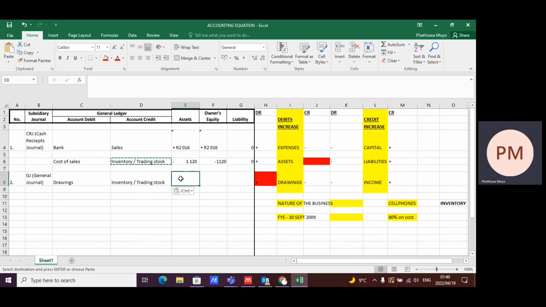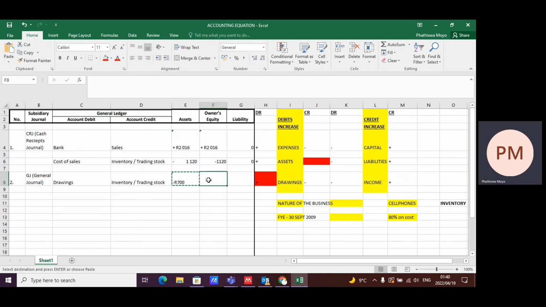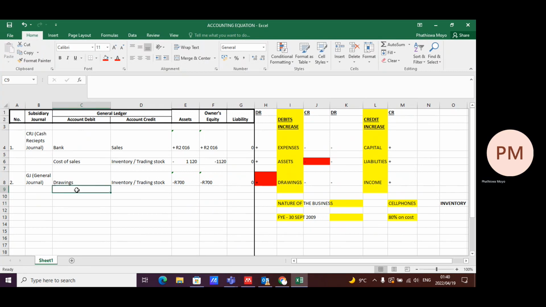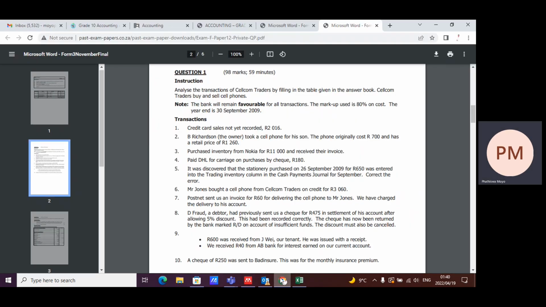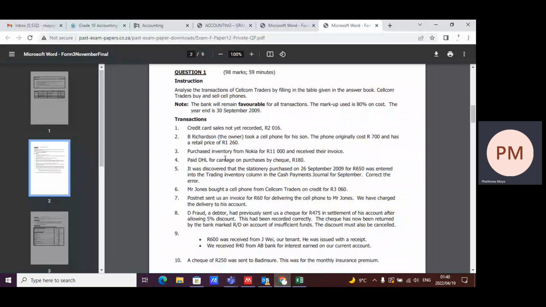So now it means we have minus. And then it means we have minus. There. Is there still something more to record here? No. We can't record this at the retail price. We didn't make the sale. We'll be overstating our books.